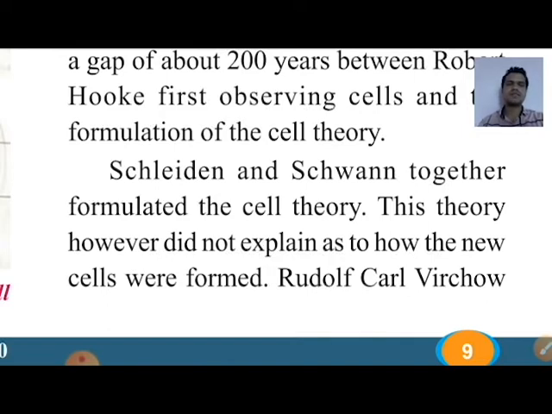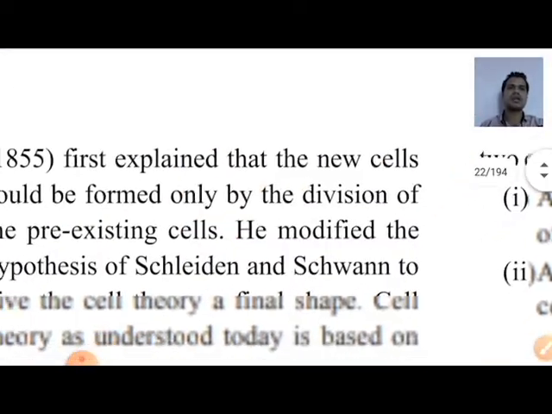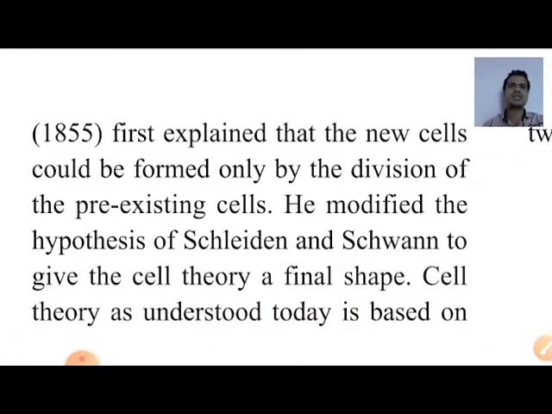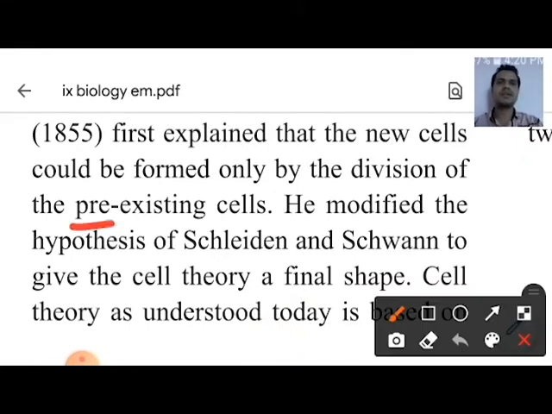Next, Rudolf Karl von Virchow, that is Rudolf Virchow, first explained that new cells could be formed by the division of pre-existing cells. What is the meaning of pre-existing? What is the meaning of pre? Pre is nothing but before, existing means lived. So cells that lived before, that is, old cells.